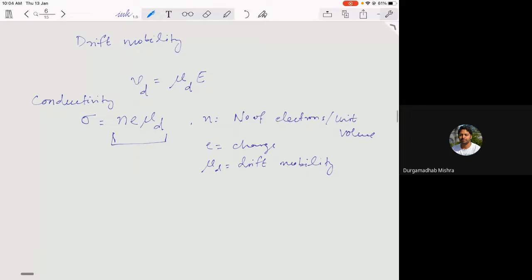So this quantity, the drift mobility, is quite useful for most electronic devices. When we want to compare the performance of electronic devices, normally we talk about the mobility of the charge carrier in that device.